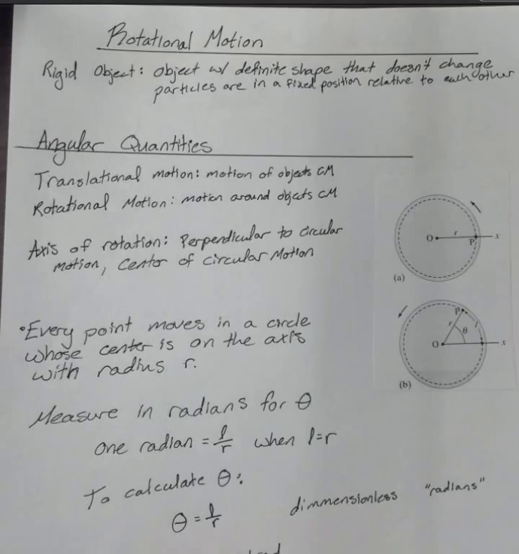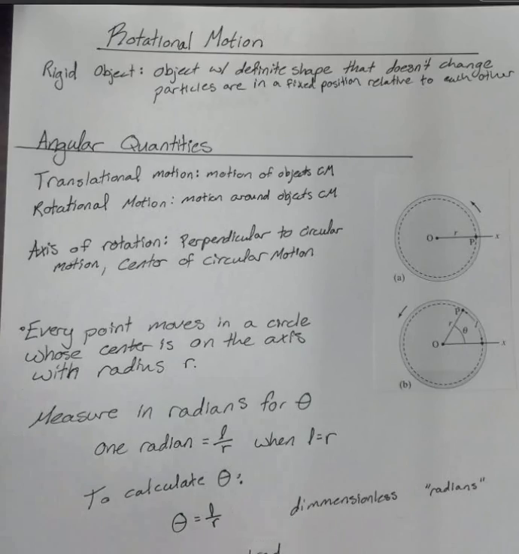Real objects aren't rigid. They can vibrate, they can squish, they can deform when a force is exerted on them, but most of the time those effects are really small, and we can consider the overall shape of an object as a good approximation, just like we treated the spherical cow as a good approximation of translational motion.